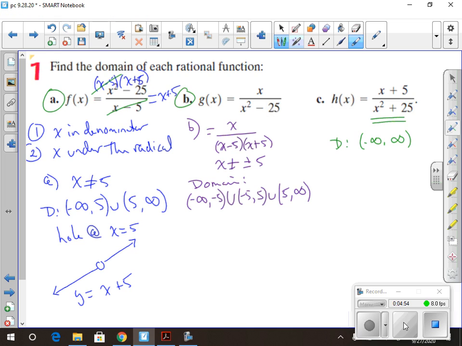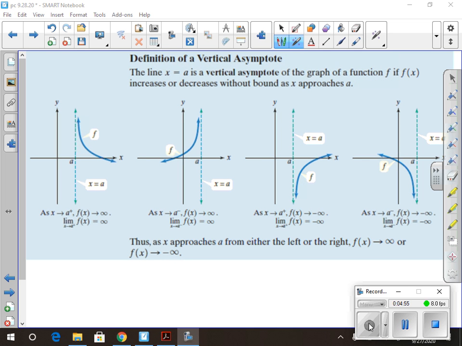All right, the line x equals a is a vertical asymptote. This is what they're saying: x equals a is a vertical asymptote, showing where the graph will not cross. The graphs will not cross the vertical asymptotes.